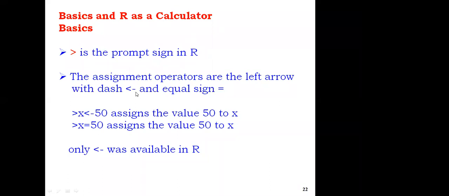The operator <- can be used anywhere, whereas the equal sign is only allowed at the top level, for example in a complete expression typed at the command prompt. This is the difference between <- and =.